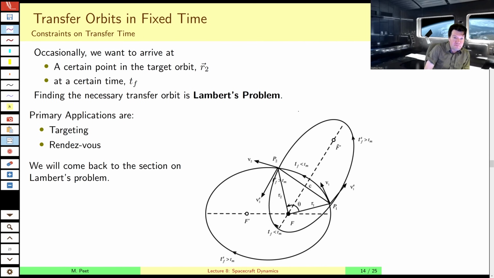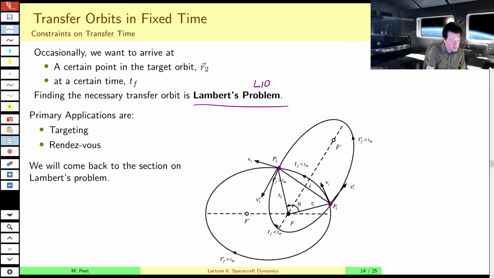So finally, I'll just give a brief shout out to lecture, I believe it's 10. In the general case, we're looking for the general way of transferring between point 1 and point 2. So say this is our initial orbit and that's our target orbit.